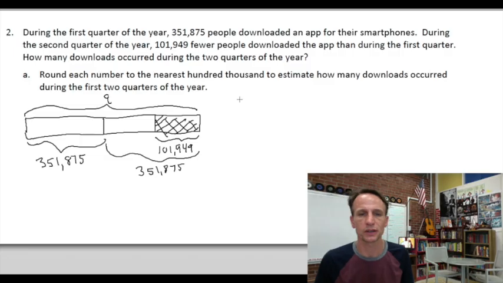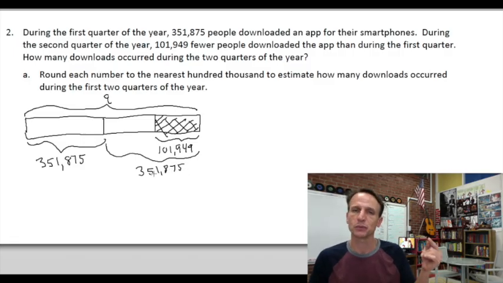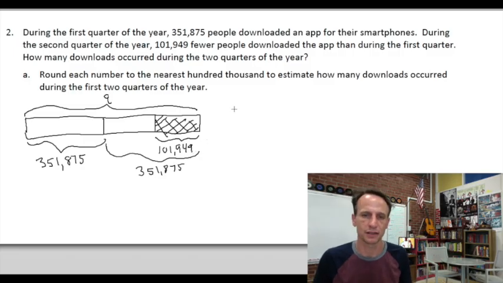So we'll start off with the rounding. That's easier. So let's find the second quarter first. We don't have a number for the second quarter. And we're rounding to the nearest 100,000. So 351,875. Does that pass the midpoint between 300 and 400,000? Yes, indeed it does. So that would be 400,000.